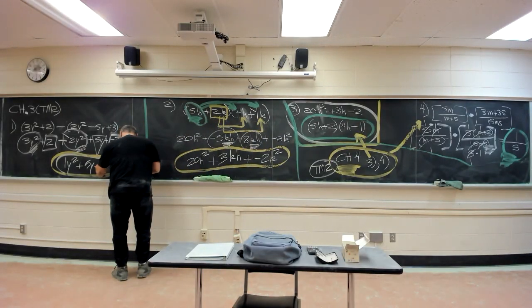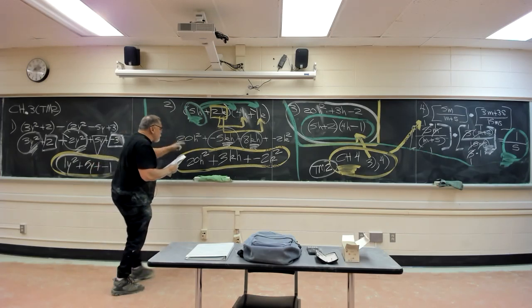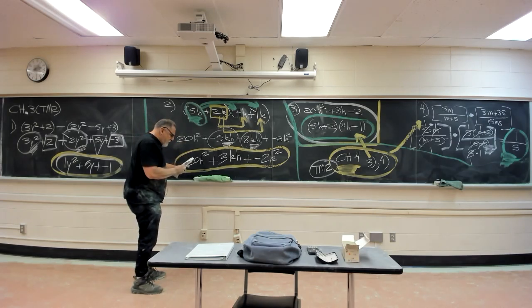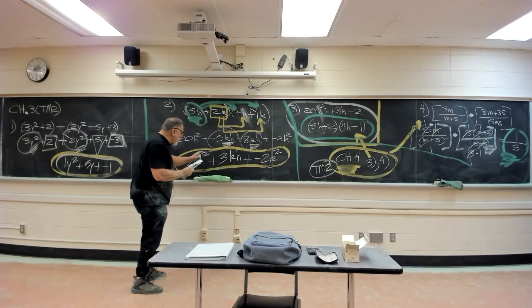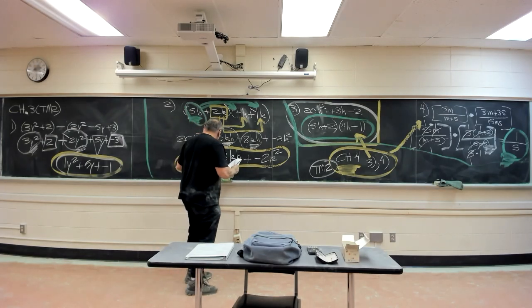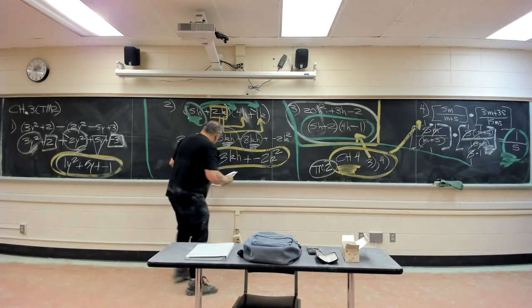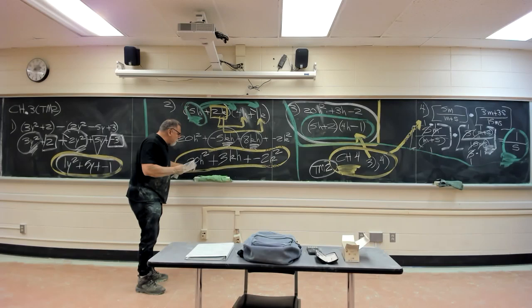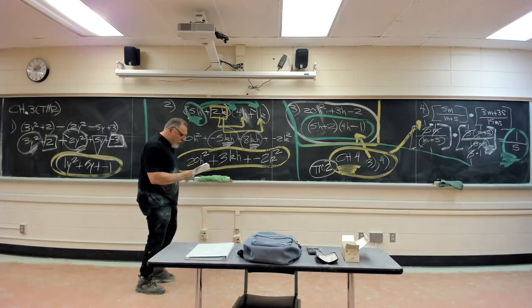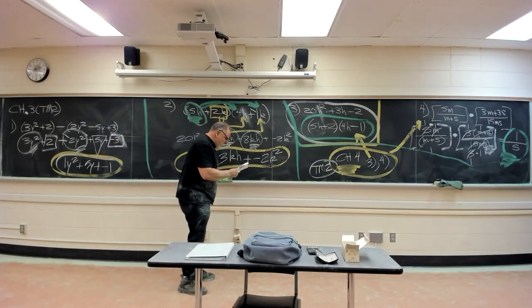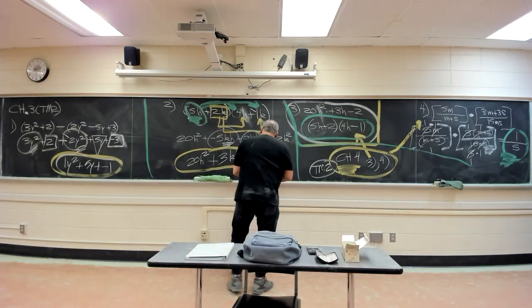Number 1 is y squared plus 5y minus 1. Number 2 is 2h squared plus 3kh minus 2k squared. That's fine. That's 1 and 2 on this.